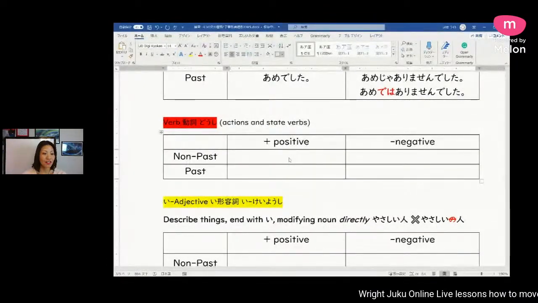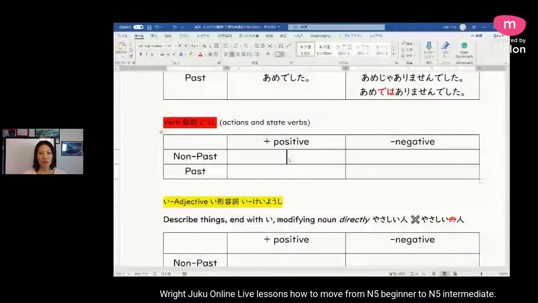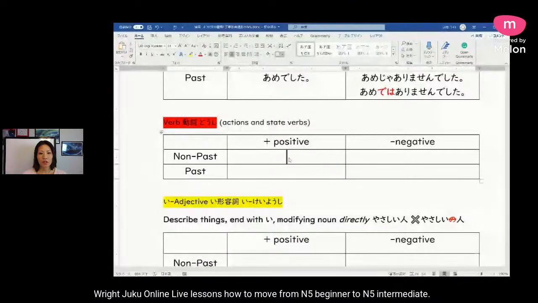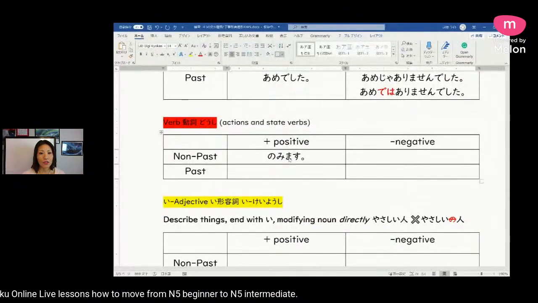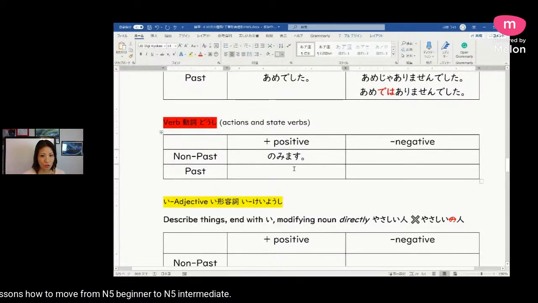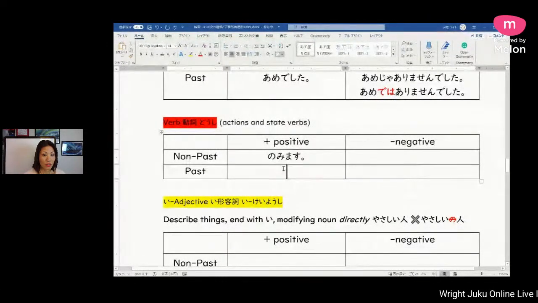Nomu. Okay, thank you. Let's do nomu then. What is the nomu non-past positive? Nomimasu, right? I'll give you some time to fill in nomimasu, past positive, negative, and past negative. So try to do that by yourself.